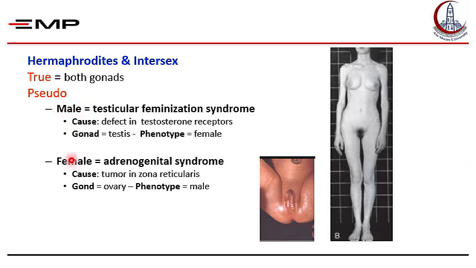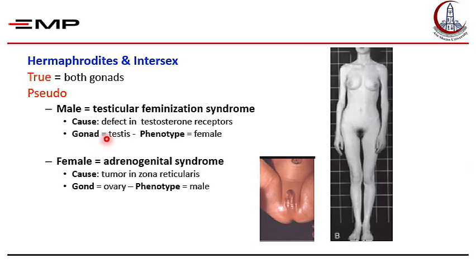We call male or female based on the presence of the primary sex organ and the genes, the chromosomes, I'm sorry. If the person has a Y chromosome, then this is male pseudohermaphroditism. If there is no Y chromosome, only X, maybe one X, two X's, three X's or more, this is a female pseudohermaphrodite.